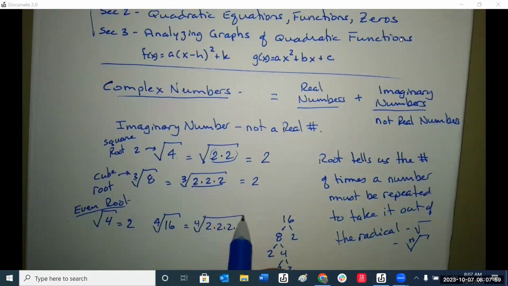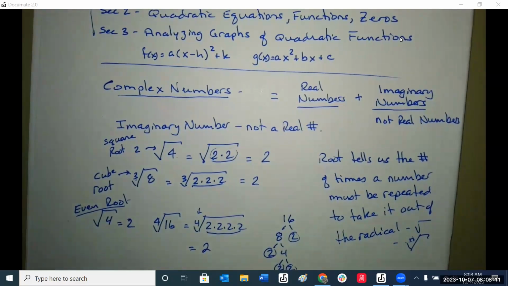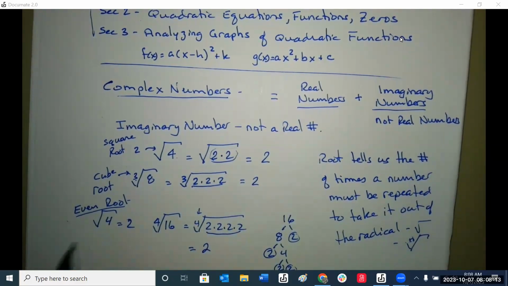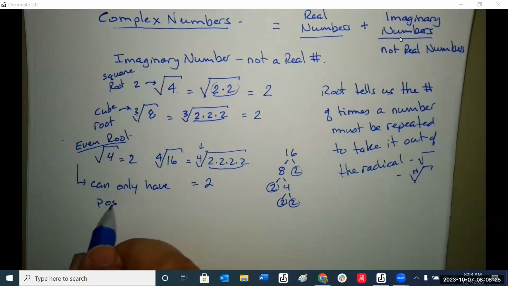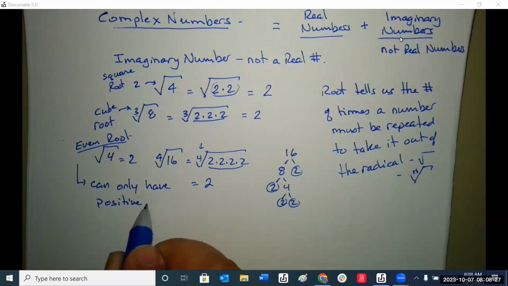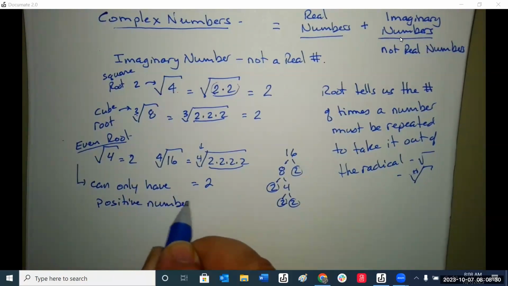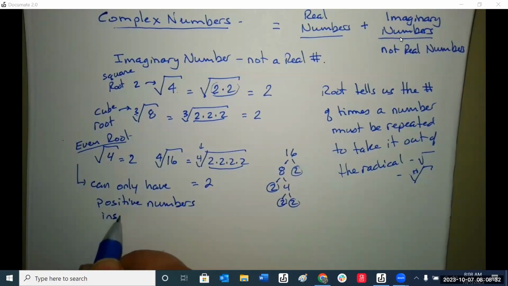So 16 is made up of 2 times 2 times 2 times 2. Since there are 4 of them, I can take it out. So even roots can only have positive numbers inside them.